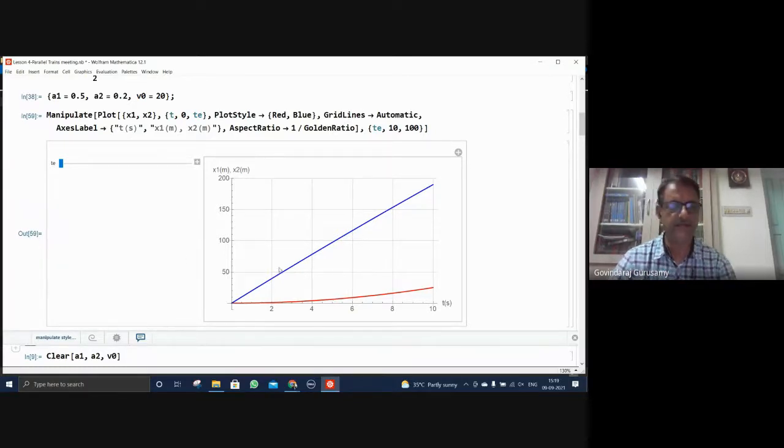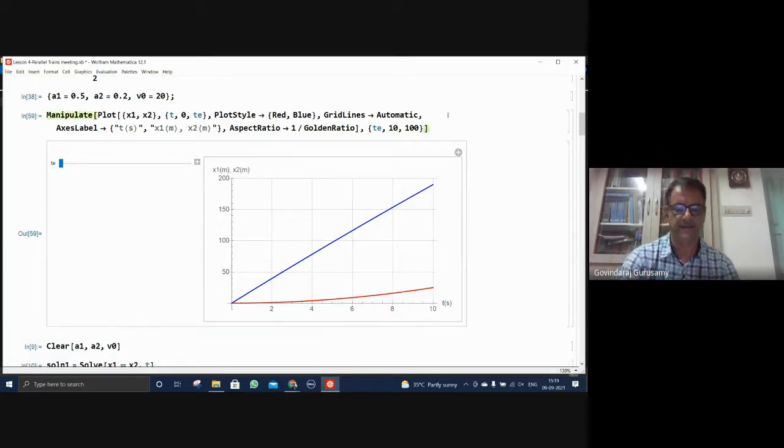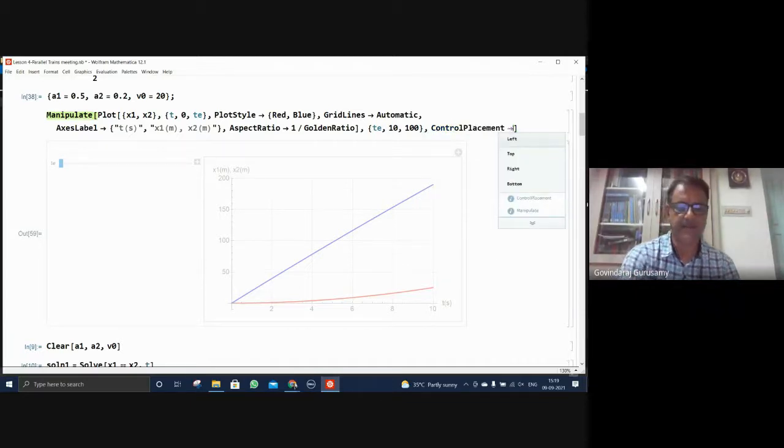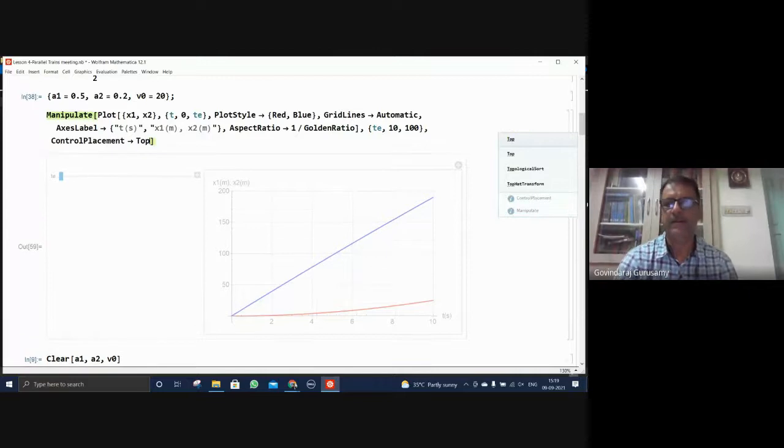Okay. So now here, one more thing I want to show. See, this is the control which you have. Instead of the control placement occupying the whole left side, I can change it here. I'll make it top. Okay.